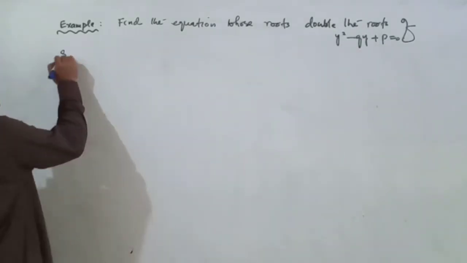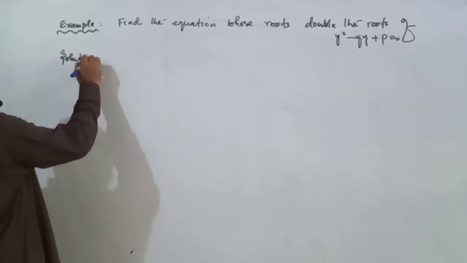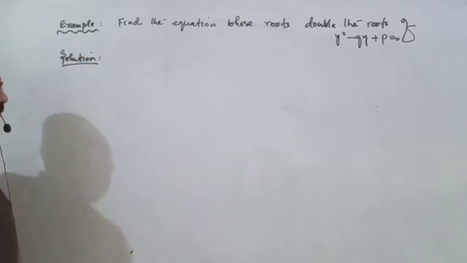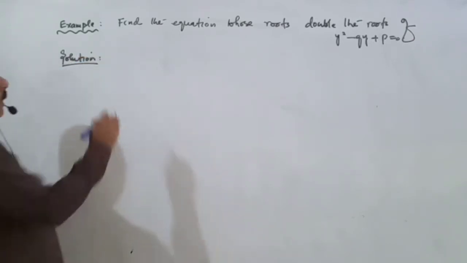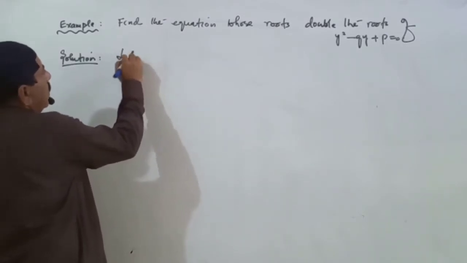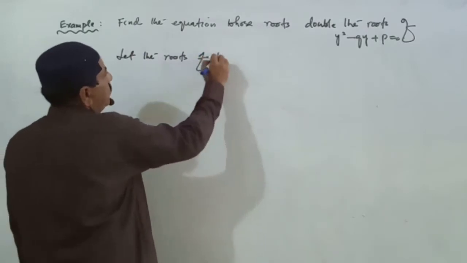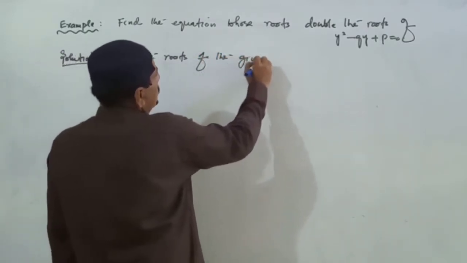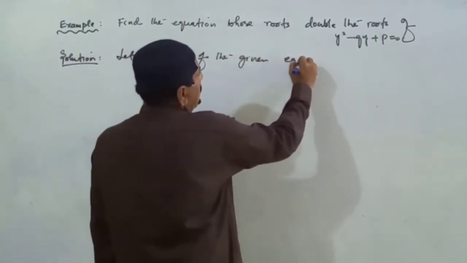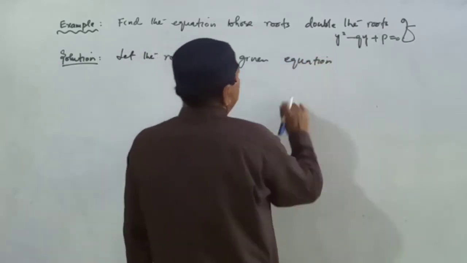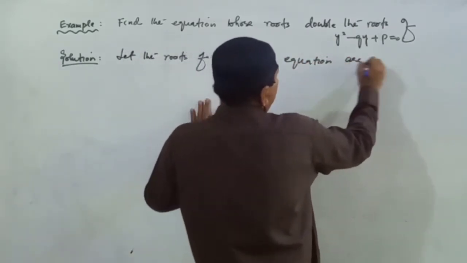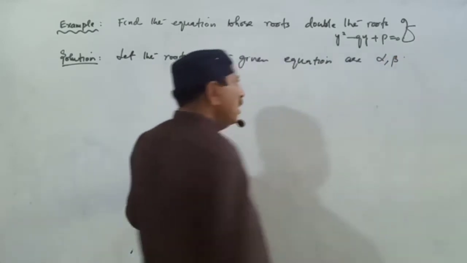Solution. Let the roots of the given equation are alpha comma beta.